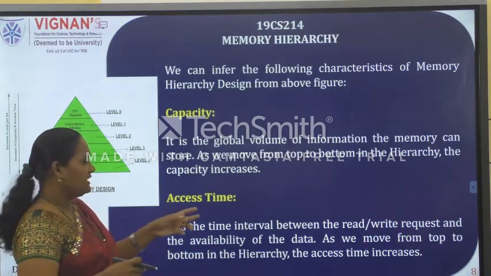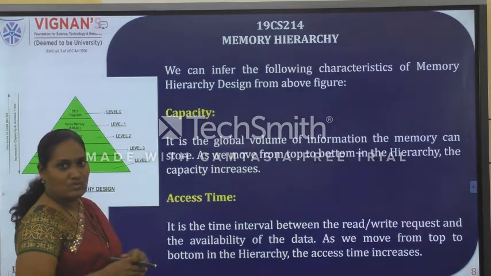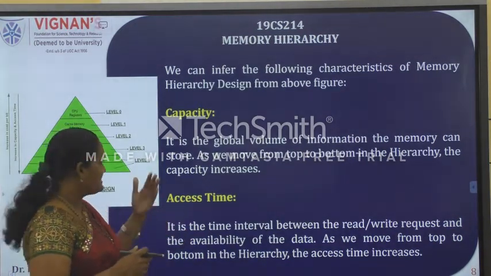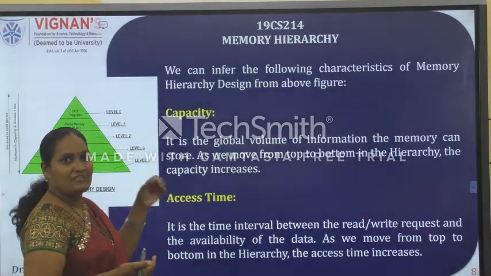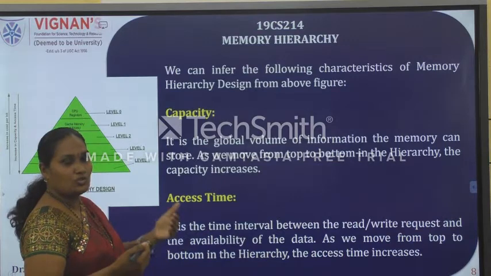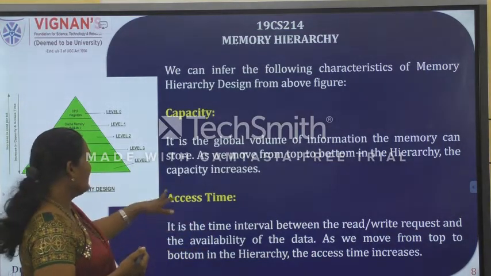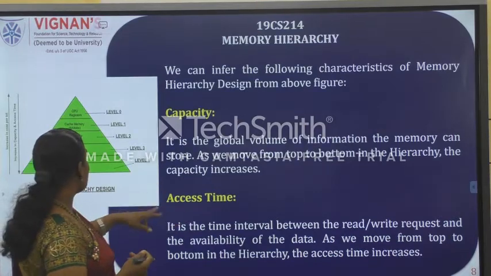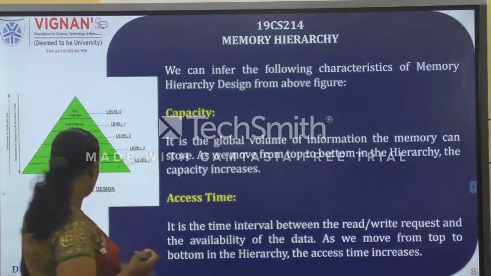It is the time interval between the read or write request and the availability of the data. So first we request the memory device to read or write data. The time interval from that request to the availability of data is called access time. This access time also increases from top to bottom.